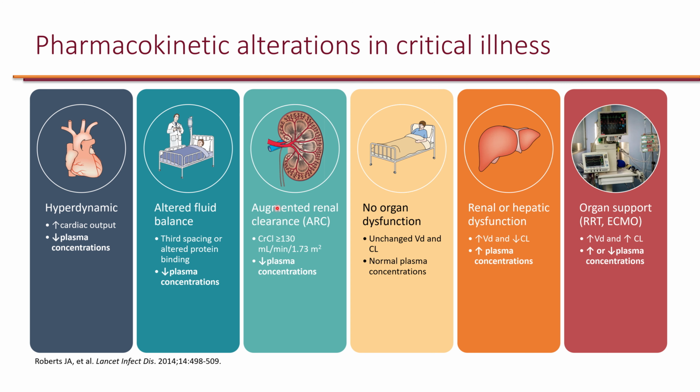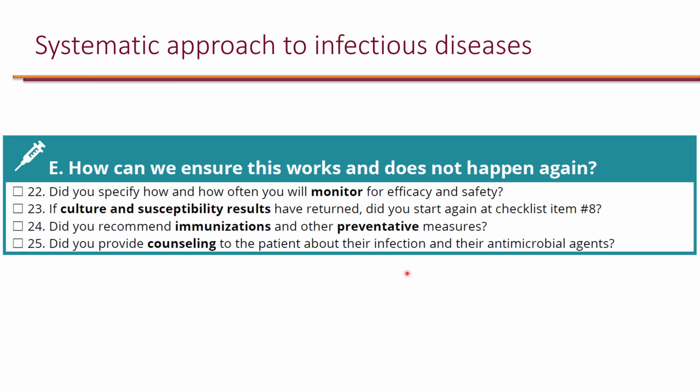And the best thing to do is therapeutic drug monitoring when available, because we cannot do therapeutic drug monitoring for every drug. But when available, the best thing to do is to measure plasma concentration and see if it's decreased or increased, and make adjustments based on that. A good example is vancomycin, where we can get plasma concentrations, and based on the level, we decide whether we should increase the dose, decrease the dose, or leave it untouched.